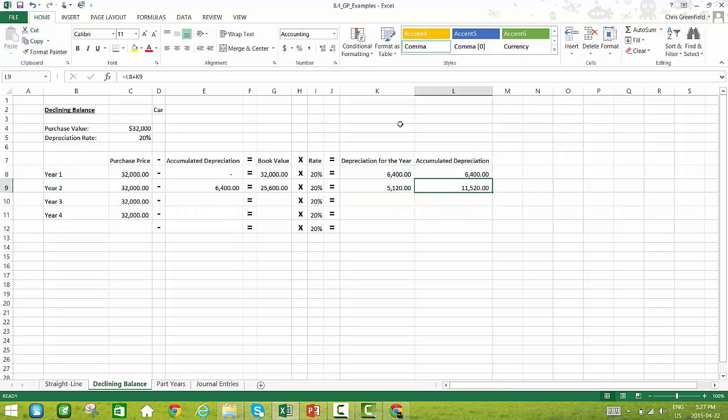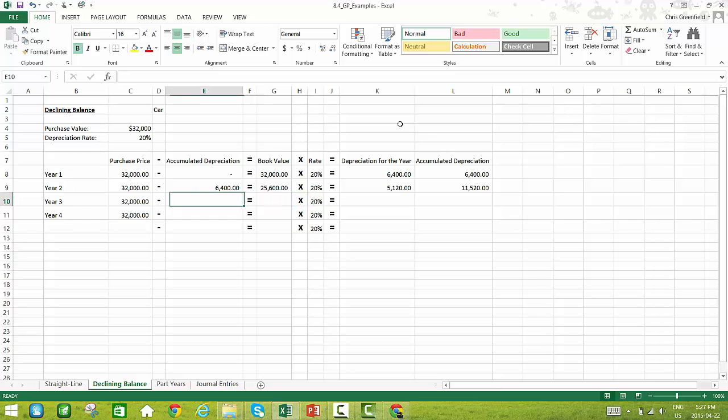To calculate for the next year, I have to carry forward this accumulated depreciation amount over here, and I'm going to use a reference to make it easier. So this year I have to use 11,520.